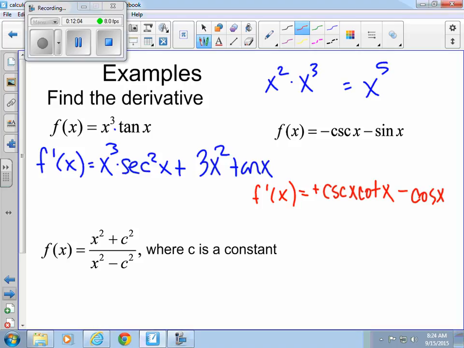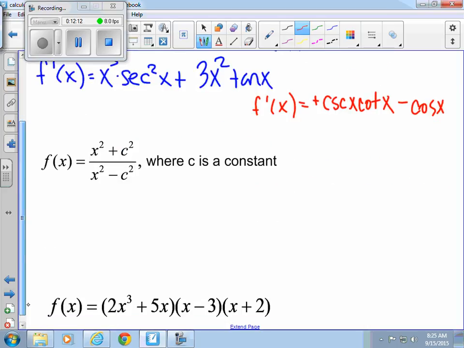Good. Remember, if there's a plus or minus in between, it becomes a bigger problem because then I can't just take the derivative of each. Okay, find the derivative of this weird thing where c is a constant. Why do I need to know that c is a constant?